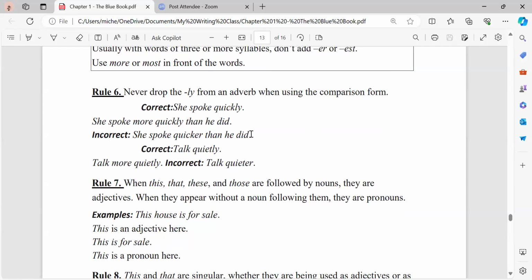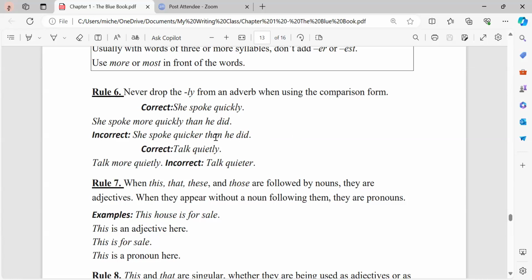Technically, we already know that she spoke quickly, so she spoke more quickly than he did. But saying she spoke quicker than he did is kind of redundant.